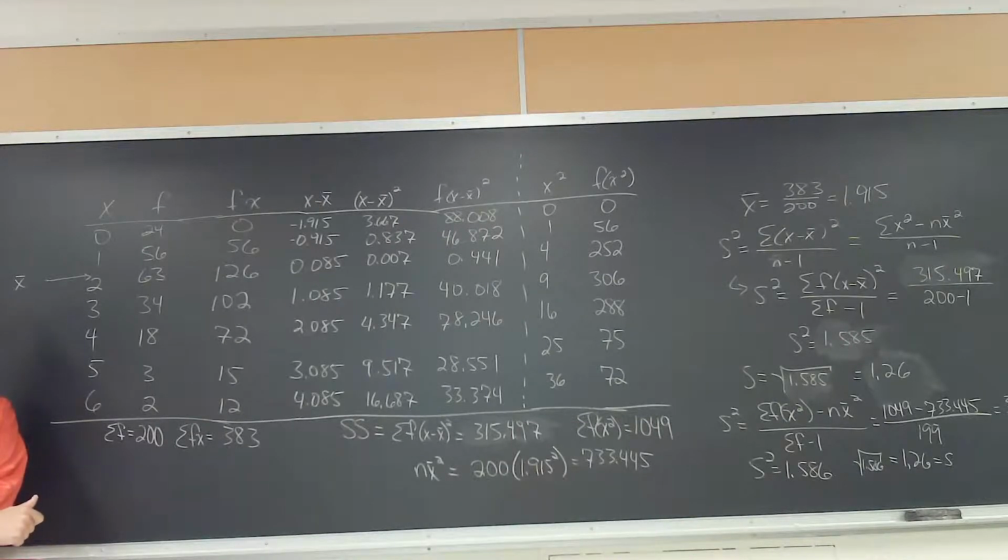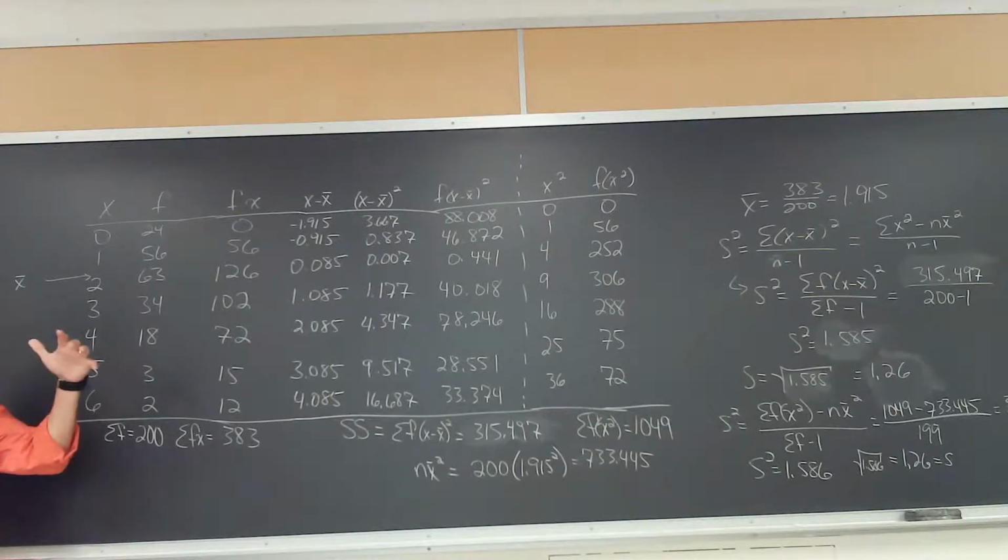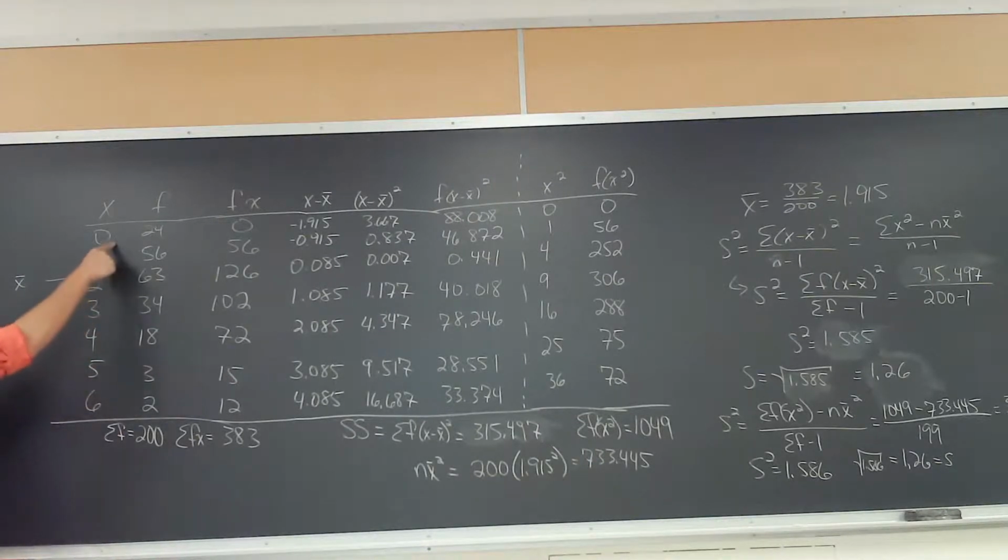Did we use another function? The rep function, to make a single vector. So then our vector has 24 zeros, 56 ones, 63 twos, 34 threes, 18 fours, 3 fives, and 2 sixes. We have a vector of length 200, all right?